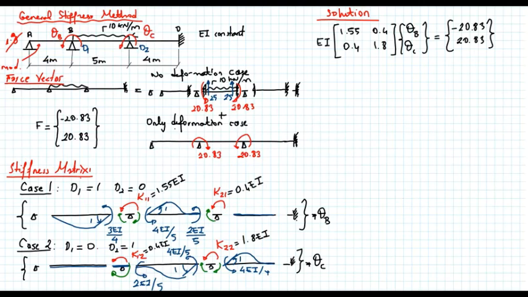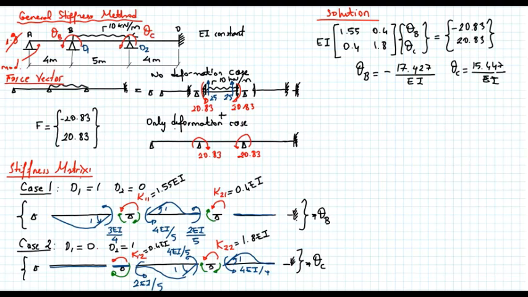So when we solve this system of equations, we will obtain rotation at B as equal to minus 17.427 divided by EI, and rotation at C is equal to 15.447 divided by EI.